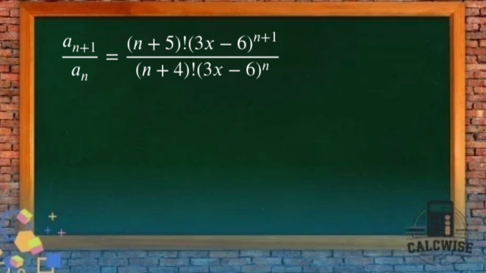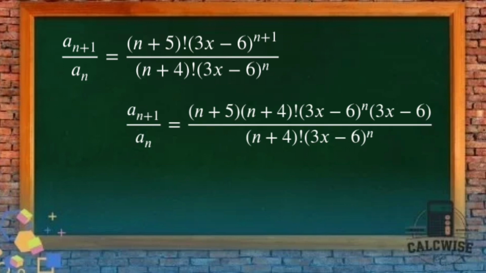We're going to simplify this equation, and n plus 1 plus 4 is equal to n plus 5 factorial, and then copy this equation. In our denominator, (3x minus 6)^(n plus 1) over (n plus 4)! (3x minus 6)^n.